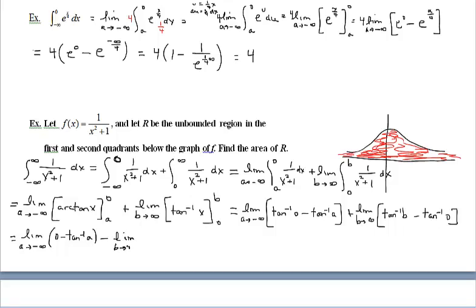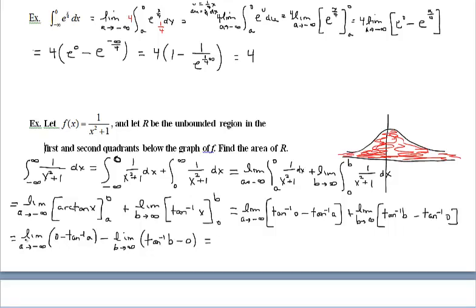Minus the limit as b goes to infinity of arctan of b minus 0. Okay, this was just kind of weird. Coming back here to evaluate the limit, I'm going to plug in negative infinity for a, so I can lose the limit statement, and this 0 right here I just won't write down again.